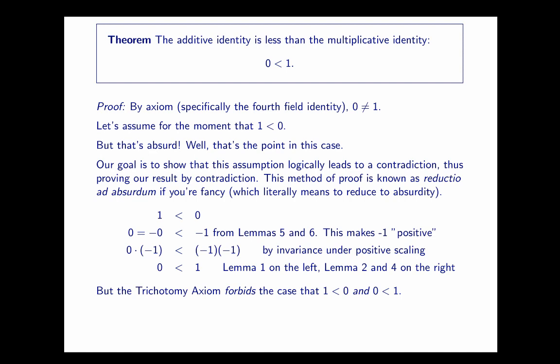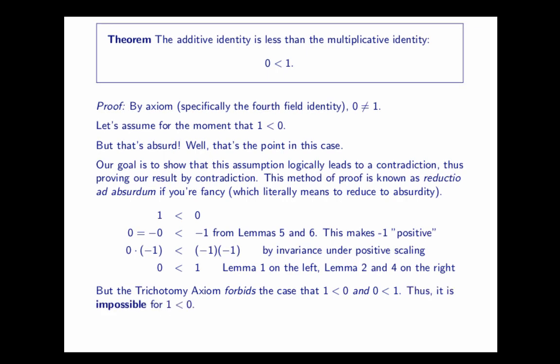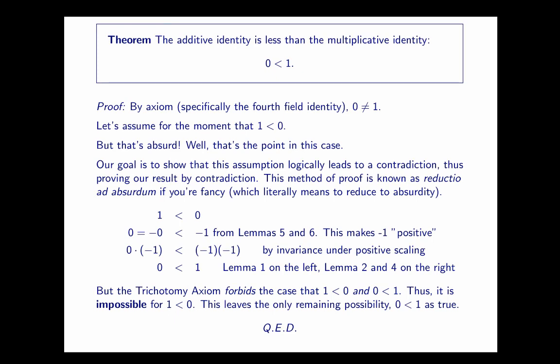So our assumption, our absurd assumption, yields an impossibility. Thus, it's impossible for 1 to be less than 0. And since 1 is not equal to 0, the only remaining possibility is that 1 is greater than 0, which is the result of the theorem we wanted to prove.